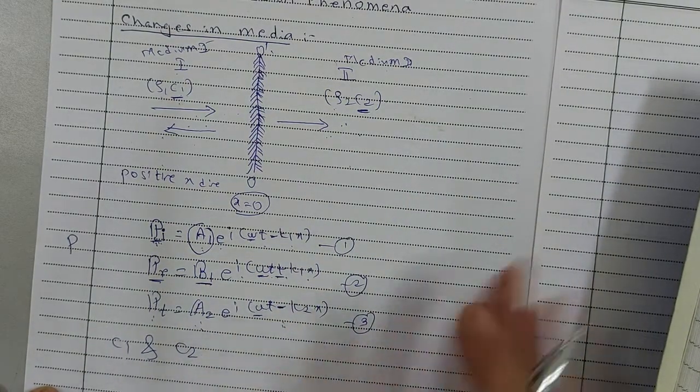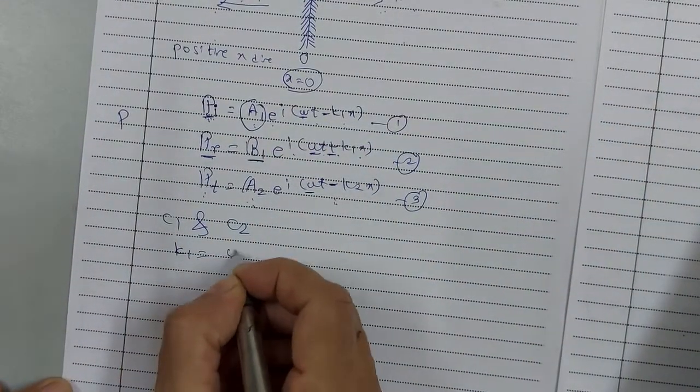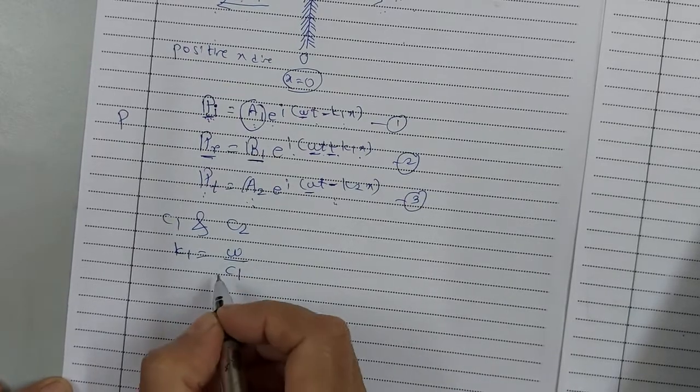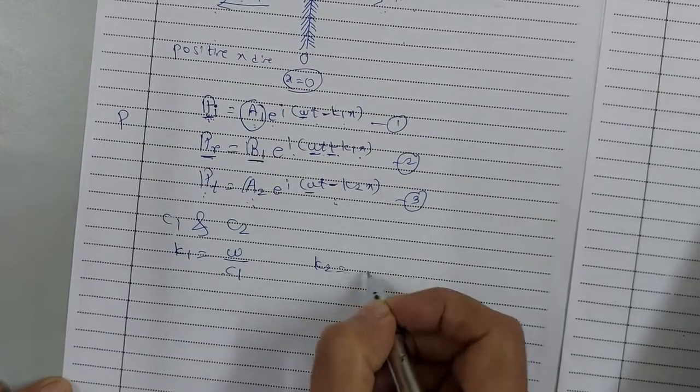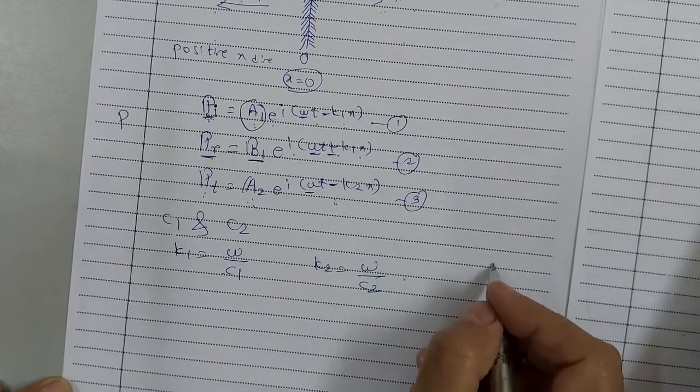I taught you earlier that the value of K1 is equal to omega by C1 for medium 1 and K2 is equal to omega by C2 for medium 2, which are different.